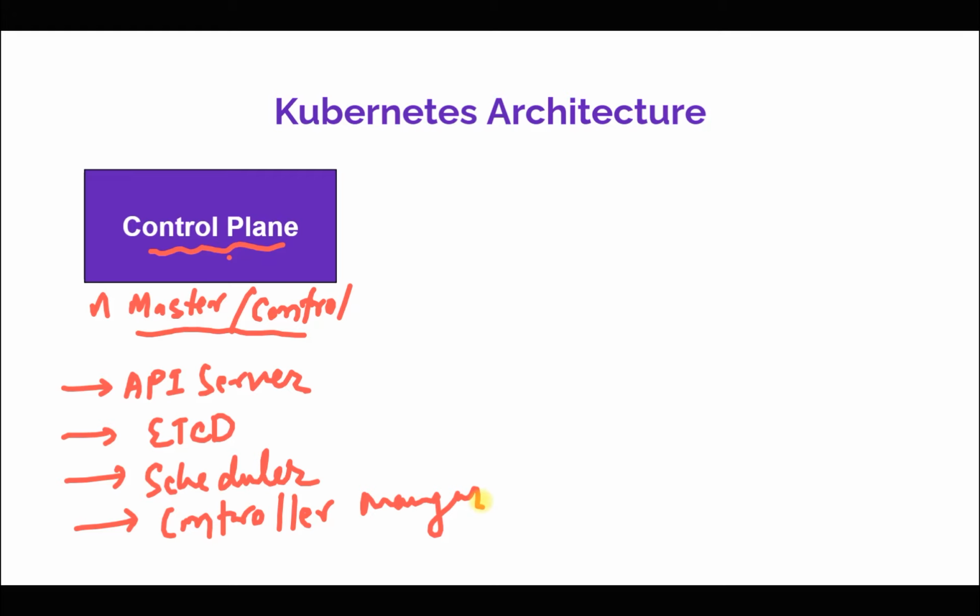The API server is the main entry point for interacting with Kubernetes. The controller manager manages other controllers. The scheduler manages the scheduling of pods, on which node they will go. And etcd only communicates with the API server and holds key-value pairs in its database. So these are the core components of the control plane.